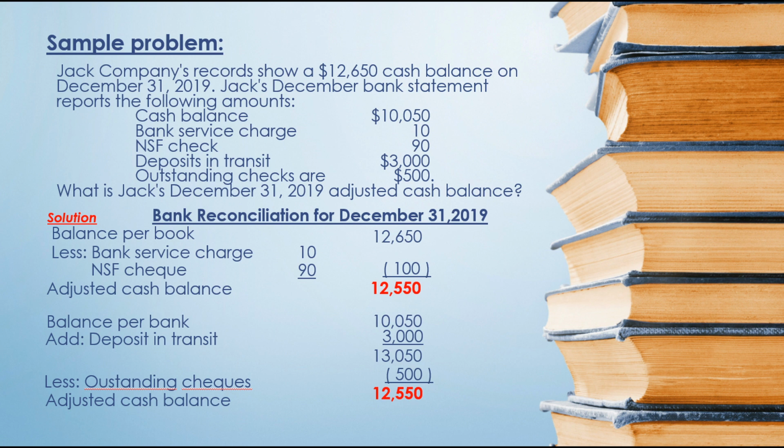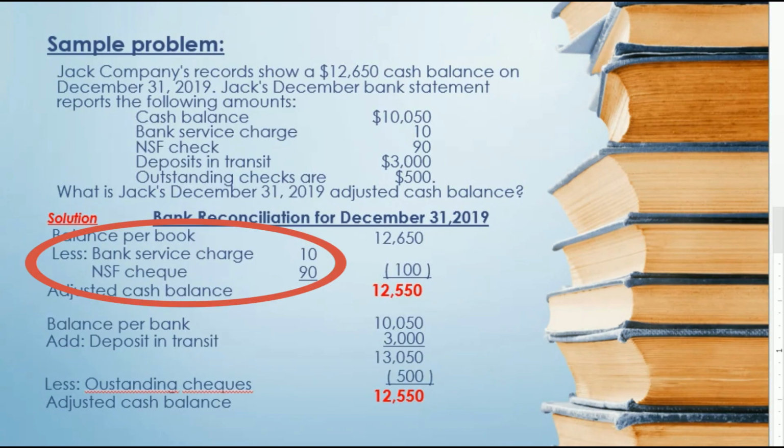For the adjusting entry, only the book's reconciling items require adjusting entries on the book of the depositor. The adjustments are necessary to bring the cash in bank balance to its correct balance for statement presentation purposes.